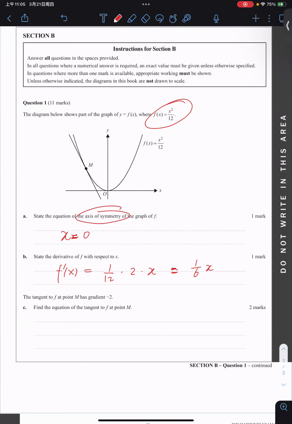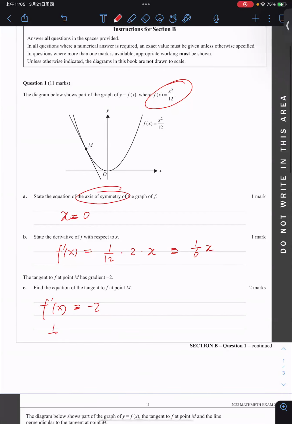In the last part, you found the derivative of f, which means you found the gradient expression for this graph, and that is 1 over 6 x. So you just need to find where the derivative, which is the gradient, equals -2. Solving this equation, 1 over 6 times x equal to -2, x equal to -12.